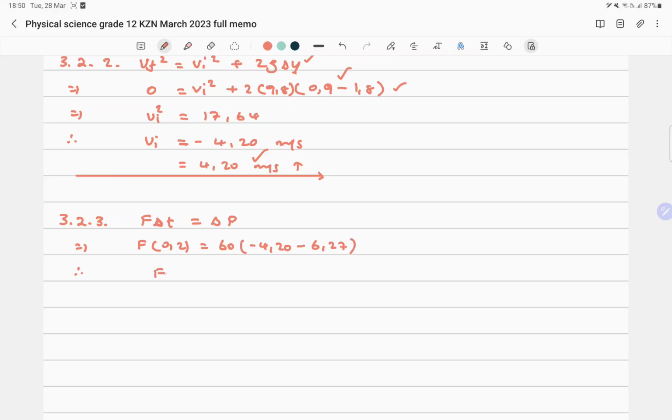So therefore the force is going to be, let me just help you out, 60 into minus 4.20 minus 6.27 all divided by 0.2. Otherwise I should not be showing you that gymnastic, but it's important for you to portray it, because should you find an answer that doesn't make sense, it helps you a lot in tracking where you made the mistake.